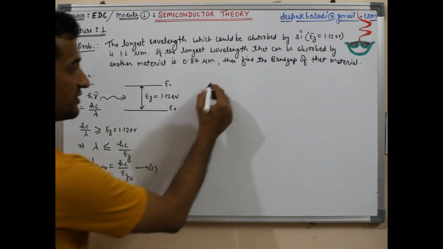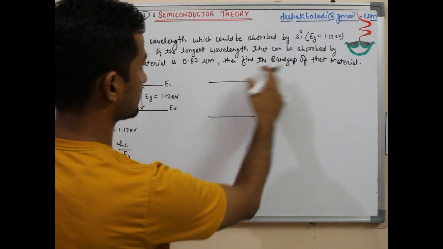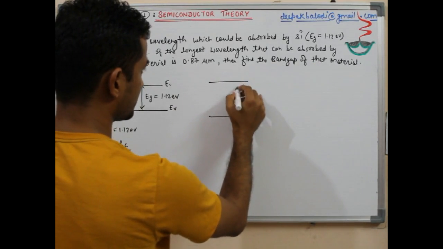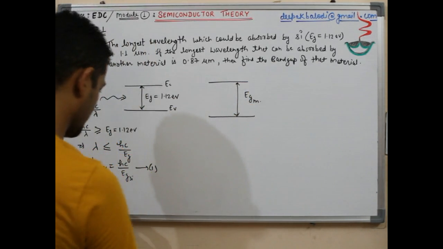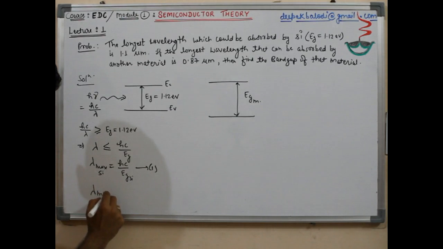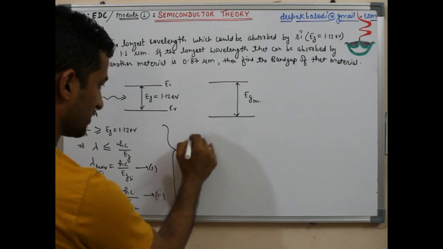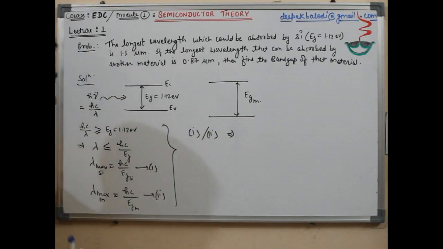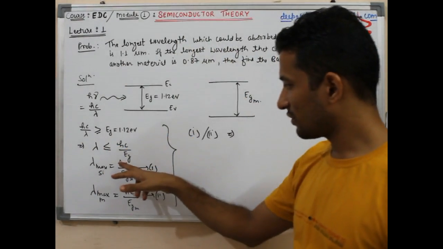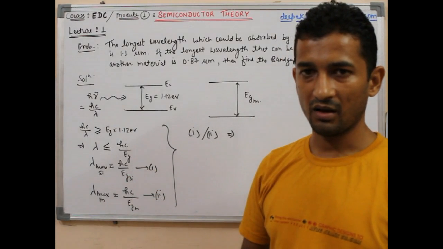If the same scenario is there for some other material which has maybe a wider or lower band gap, that's what we have to calculate. We do not know what the case is, but let's say there is another material M. So for that, lambda max for that material M is equal to hc by EgM. So if we divide these two equations, 1 divided by 2, then generally what we are doing is that we do not want to keep the values of h and c, and we do not want mathematical complications.